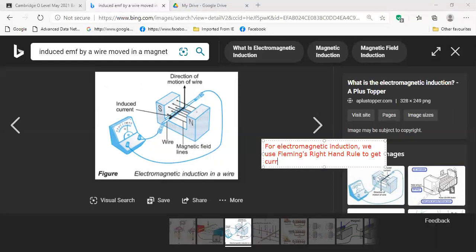Okay, here you write induced current or EMF direction.